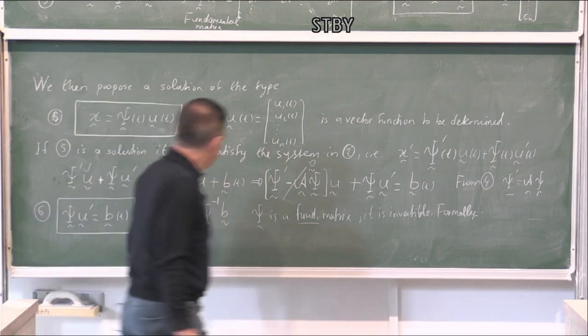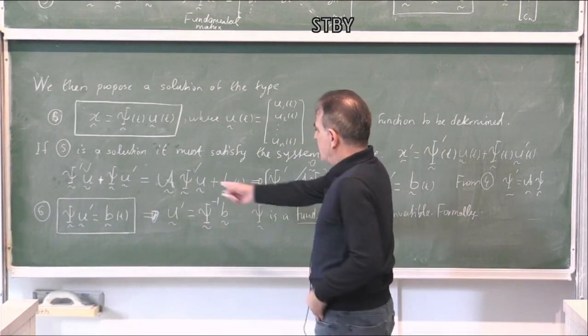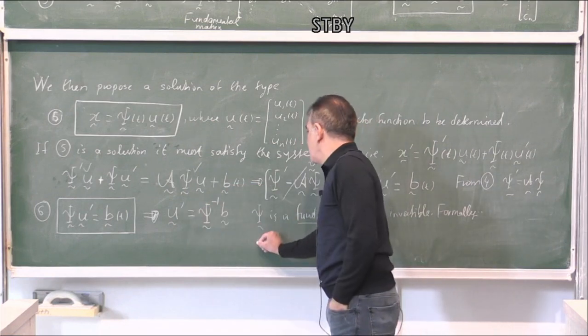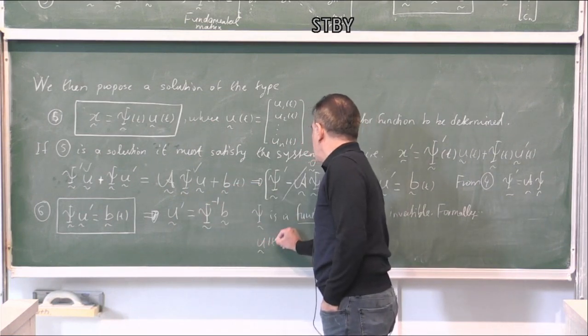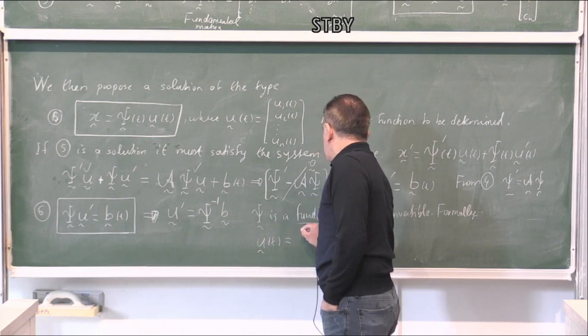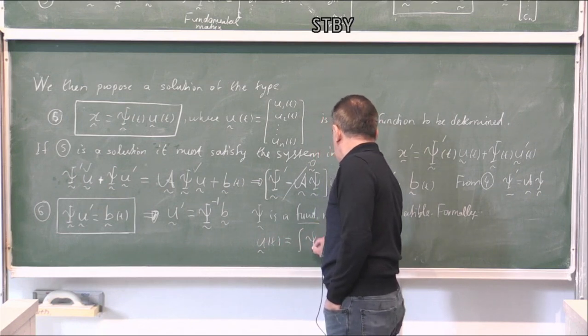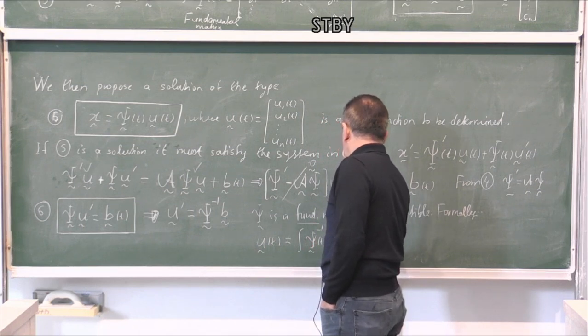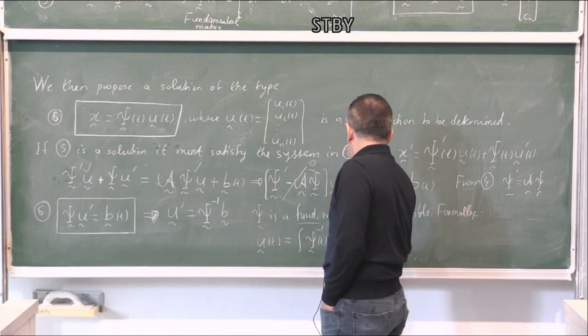Formally, taking the integral of both sides to get u of t becomes this integral of psi inverse b. Now, recall that these are functions of t.